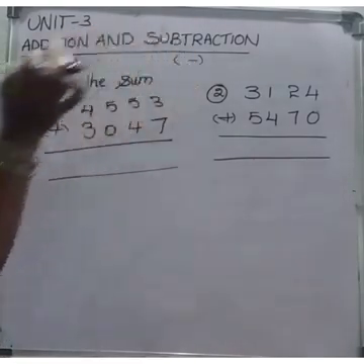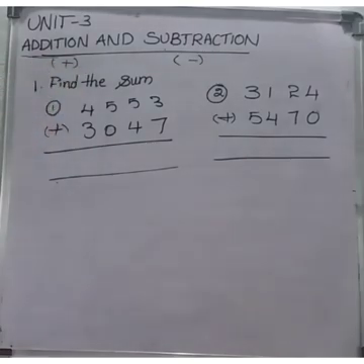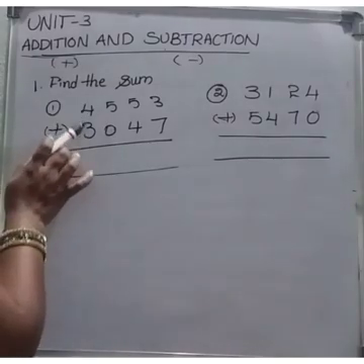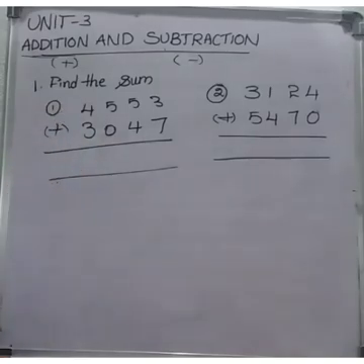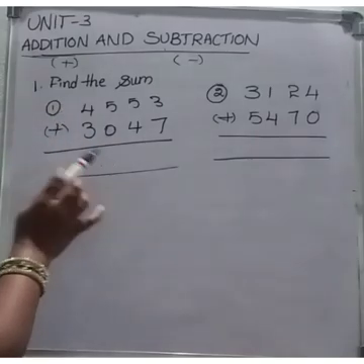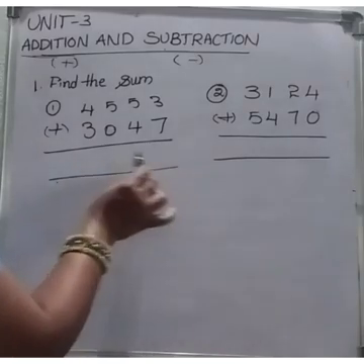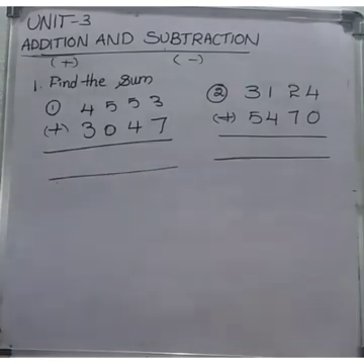This is the symbol of subtraction. This is the symbol of addition. Here, the numbers to be added are called addends. When we get the answer, that is the sum, the total. When we get a total, the total is called the sum.